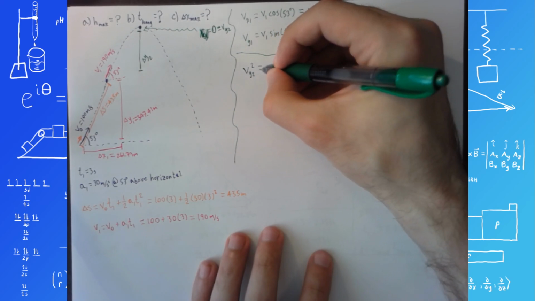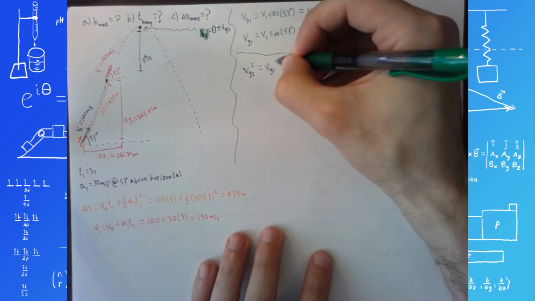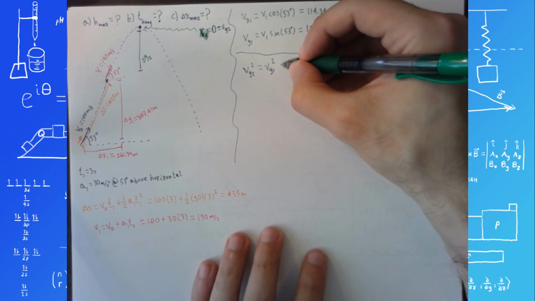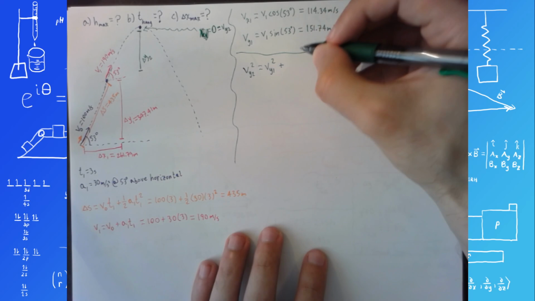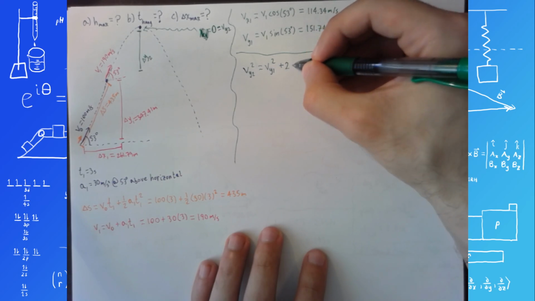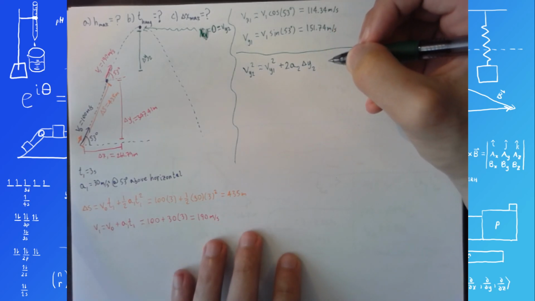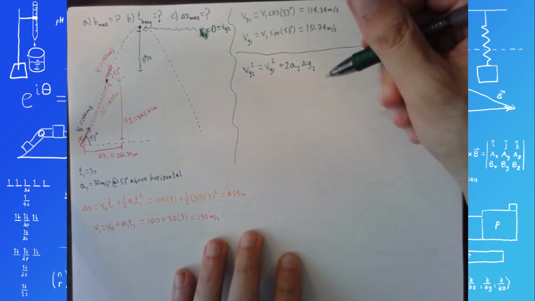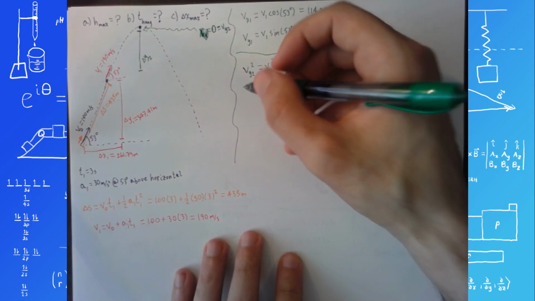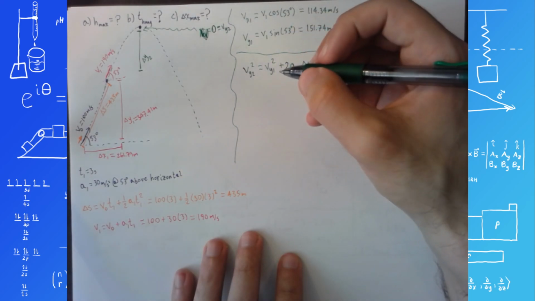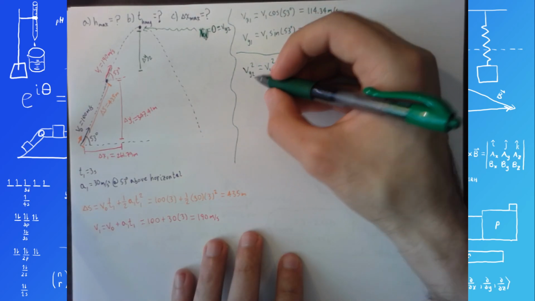Vy2 squared equals Vy1 squared plus 2 times the acceleration of phase 2 times delta y of phase 2. Acceleration for phase 2 and for phase 3 is negative g, negative 9.8.